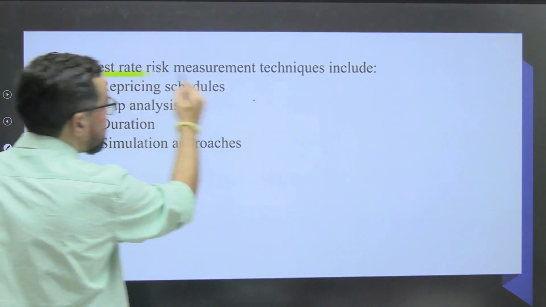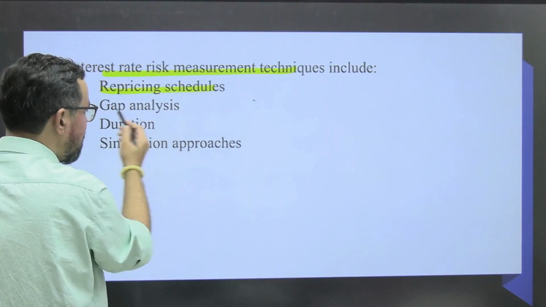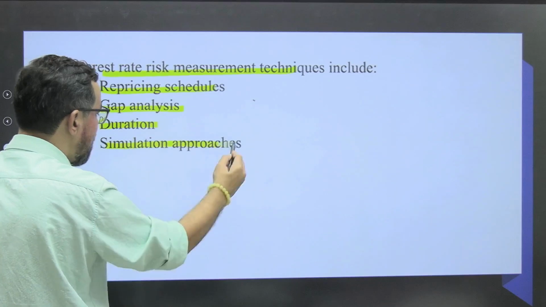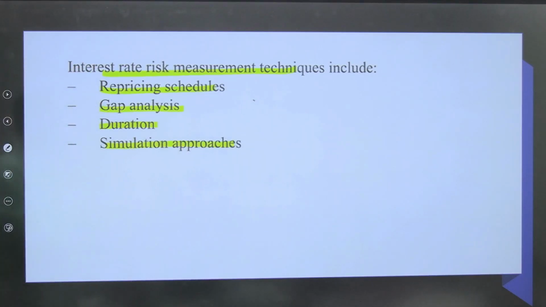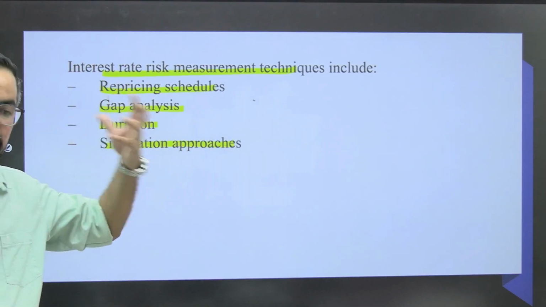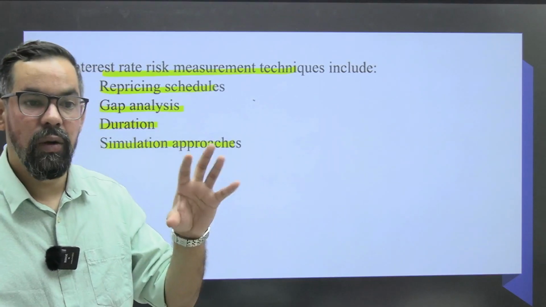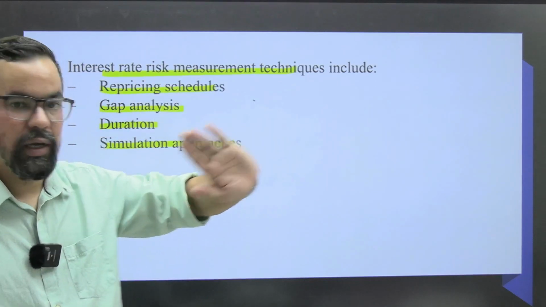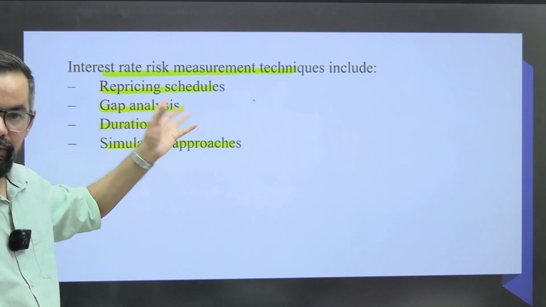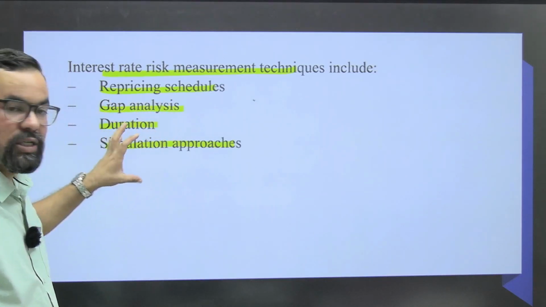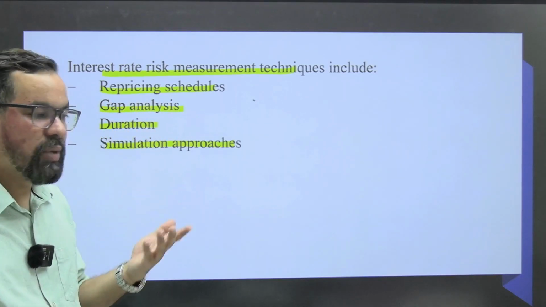Interest rate risk measurement techniques, we have repricing, gap analysis, duration, and simulation. Okay, so repricing, that is something कि if you go for the measure things and all, if we have some alternates and all. Gap is आपका we did recently. Duration is something related to maturity.